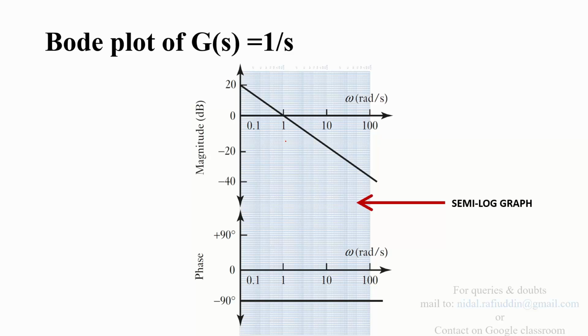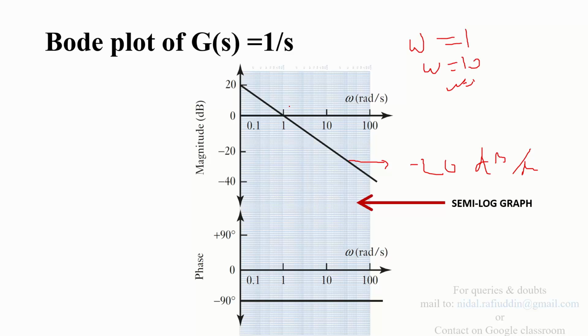So now if you try to plot this on the Bode plot on the semi-log paper, we identified the slope of the line, which is minus 20 dB per decade. In other words, we computed values for omega 1, omega 10, and omega 100.